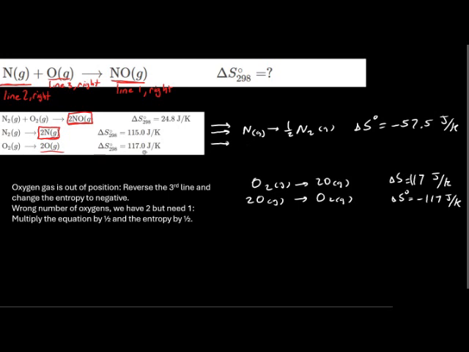Now we multiply that line by 1/2 and also multiply the entropy by 1/2. If we do this, we will get 1 oxygen gas, which is what we want, yields 1/2 O2 gas, and the entropy value will change to 58.5 joules per Kelvin. We'll include that it's also negative still. And we'll copy down that third line and write it underneath our new second line.